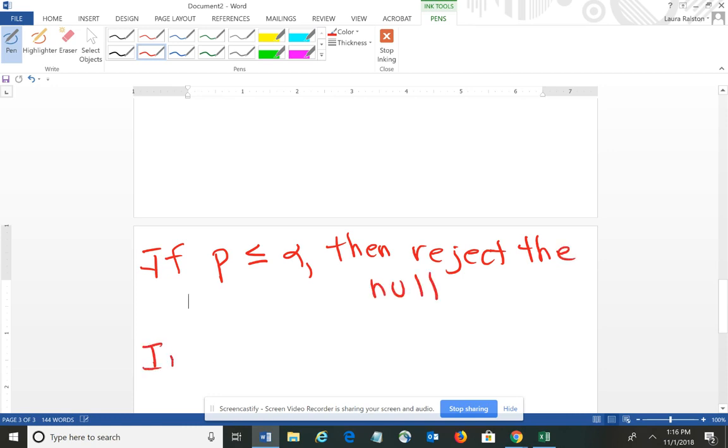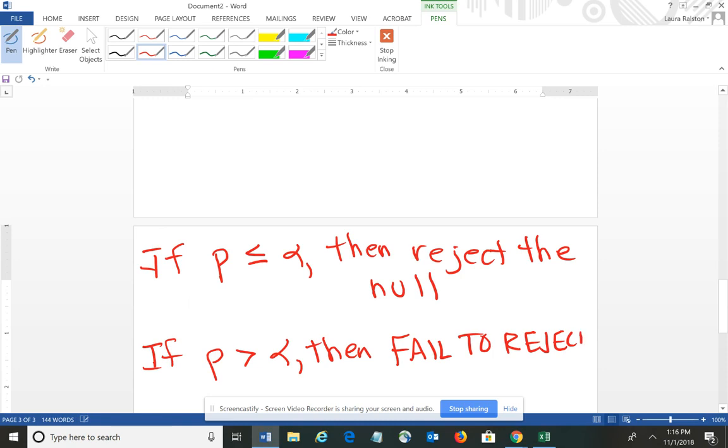But if p is greater than alpha, then we fail to reject the null. Okay, so that's the rule. That rule applies all the time, every time to hypothesis testing.